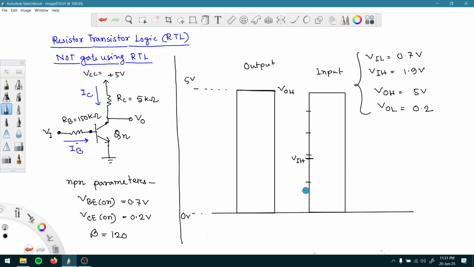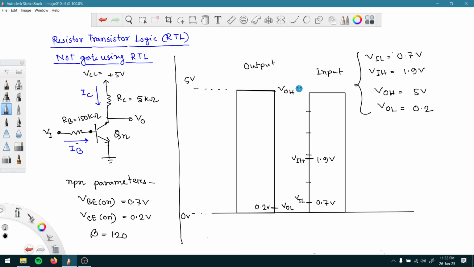And VOL is here, very close to 0 volt. So this is VOL, which is 0.2 volt, right? This is VIH, 1.9 volt, and this is 5 volt obviously, and VIL should be 0.7 volt. So maybe here VIL, 0.7 volt, right?